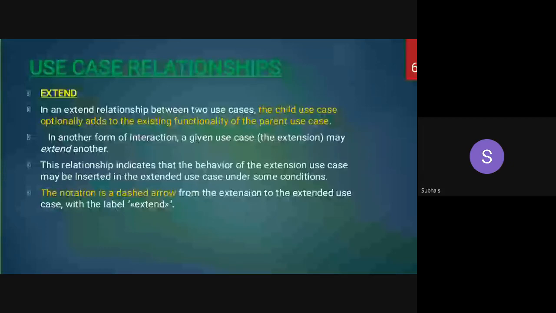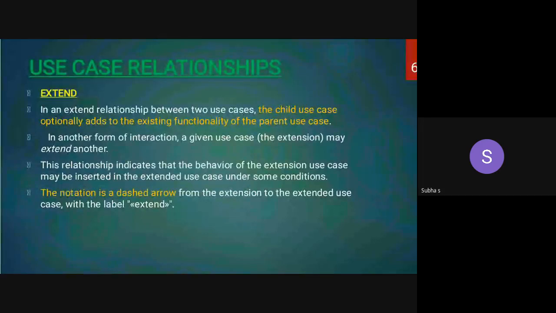But here in the PPT, it is clearly mentioned. Here the child use case optionally adds to the existing functionality of the parent use case. Especially they are in this relation. Here it shows the extension of one use case may extend another. The third point is very important. The relationship indicates the behavior of the extension use case may be inserted in the extended use case under some condition.